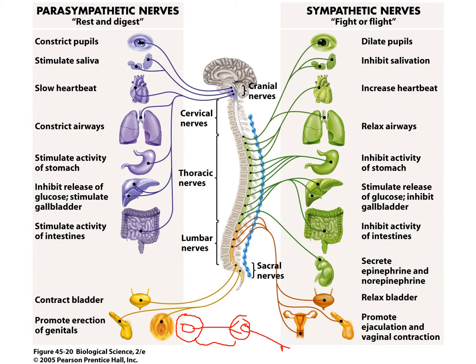Now, it is called a modified sympathetic ganglion because instead of having this over here, what they do in the adrenal medulla is they secrete their substances directly into the blood. This is the blood. So they secrete the substances directly here.